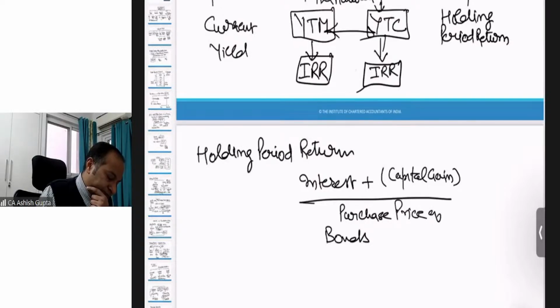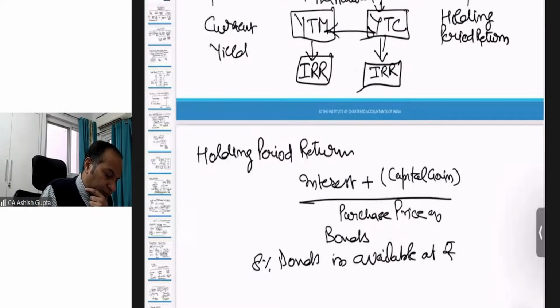Suppose an 8% bond with rupees 100 face value is available at 97.8.